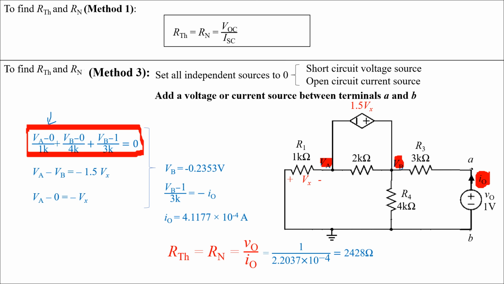To find the current IO, VB minus 1 divided by 3K will be the current flowing in this direction, while our IO is in the opposite direction. So this VB minus 1 divided by 3K will be equal to negative IO. Then we can solve for IO. Then our Thevenin resistance and also the Norton resistance will be equal to this VO divided by IO. And then we can get 2428 ohms.